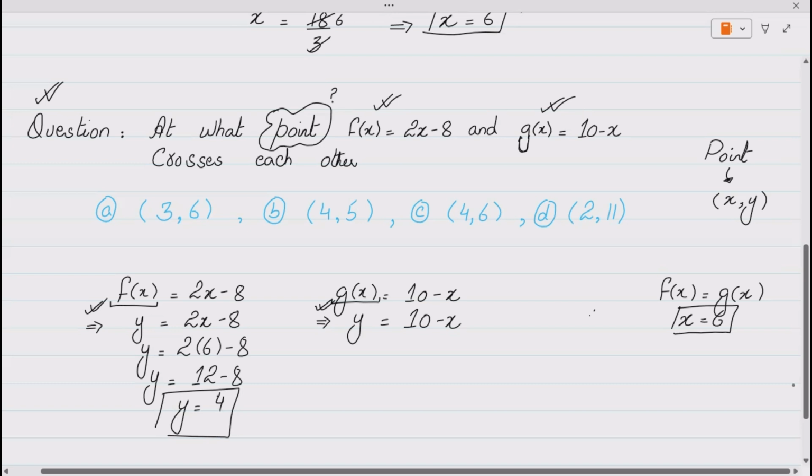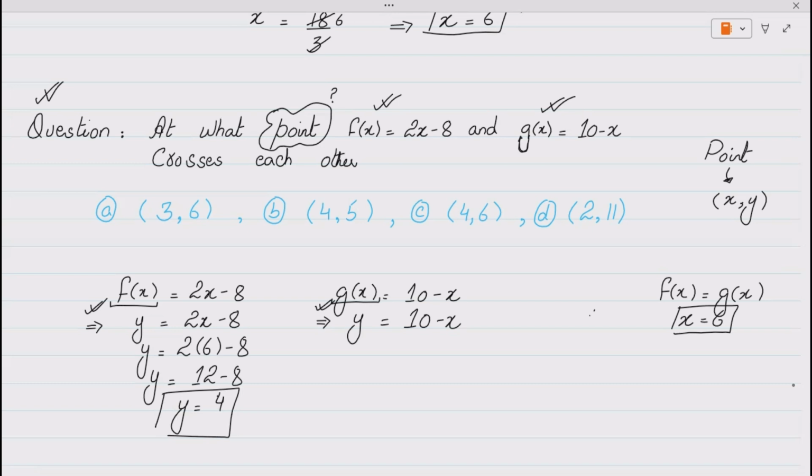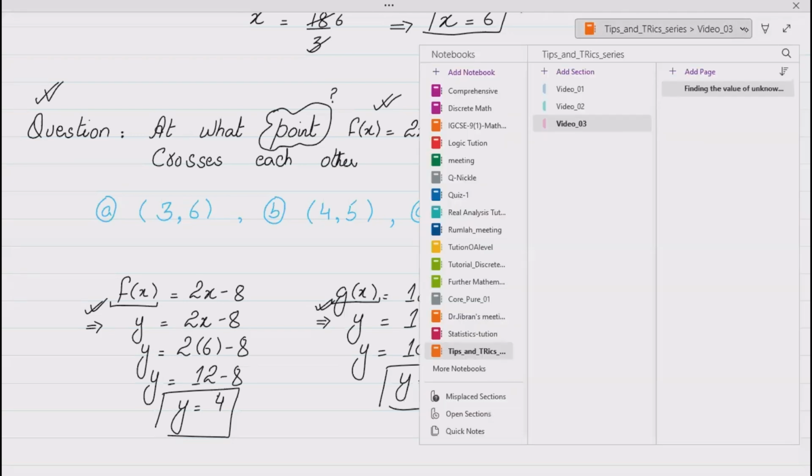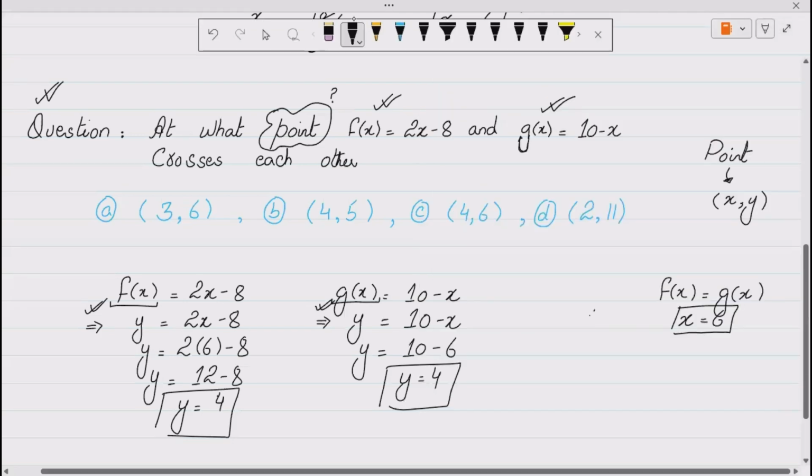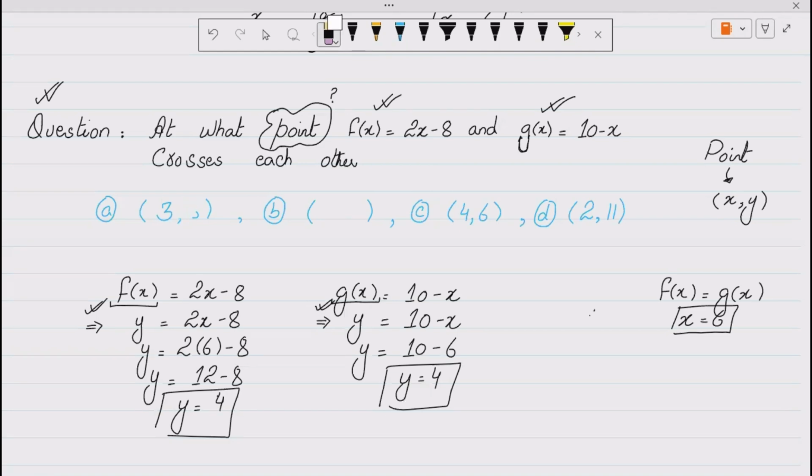And you can see that when you put this x in g of x, you take 10 minus 6 and again you get 4. So you can use whatever equation you like. From any equation, you can find the value of x and the value of y.